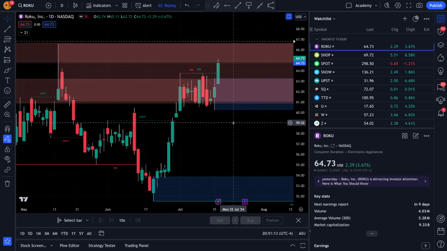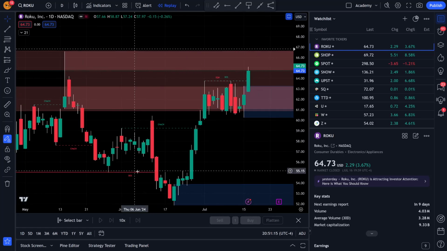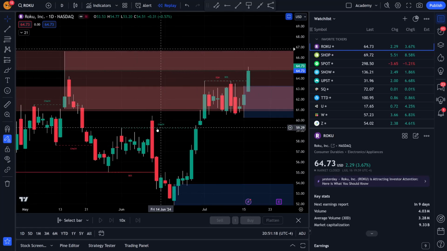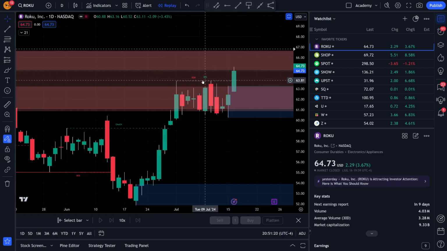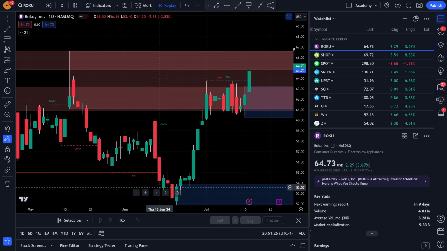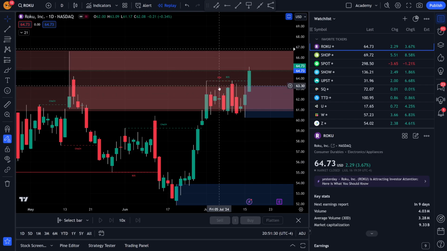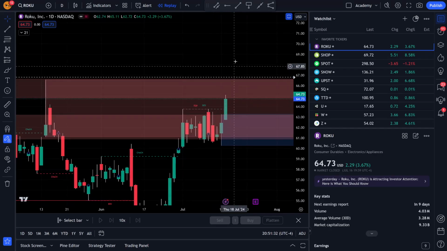But the fact of the matter is that Roku had the Chach green and is now having a break of structure, which is confirming the uptrend. It's been sort of very green, and at times you want to take trades before the confirmation even happens. But that's kind of what we're seeing here, okay?